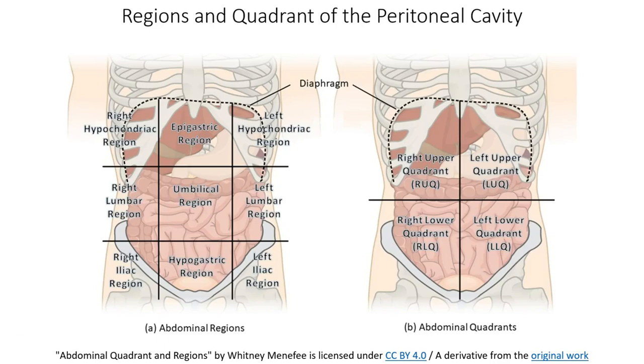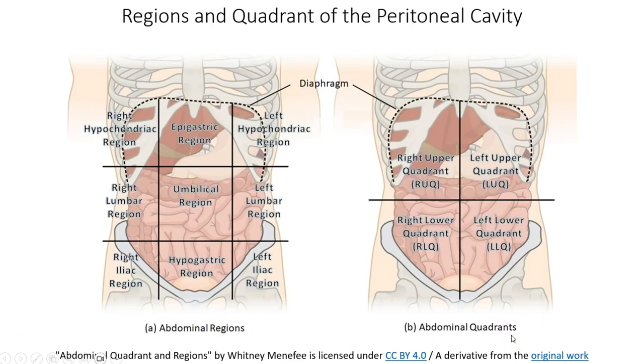And then let's talk about regions and quadrants of the peritoneal cavity. So the peritoneal cavity is within the abdominal cavity. It is going to house all of the digestive organs specifically. And so we have both abdominal regions and abdominal quadrants.